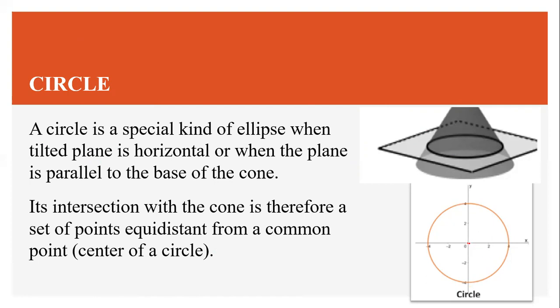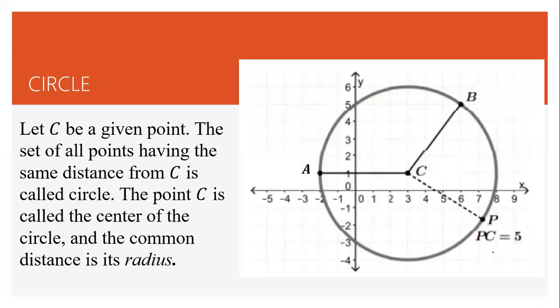So from the center of the circle to any point on it, it is equidistant, meaning equal in distance. That's why it is also called a special kind of ellipse.